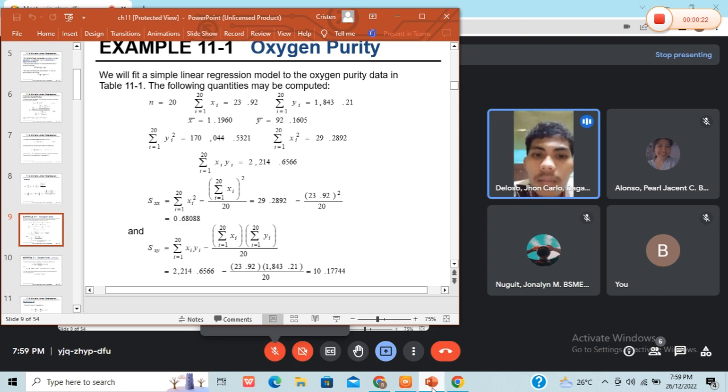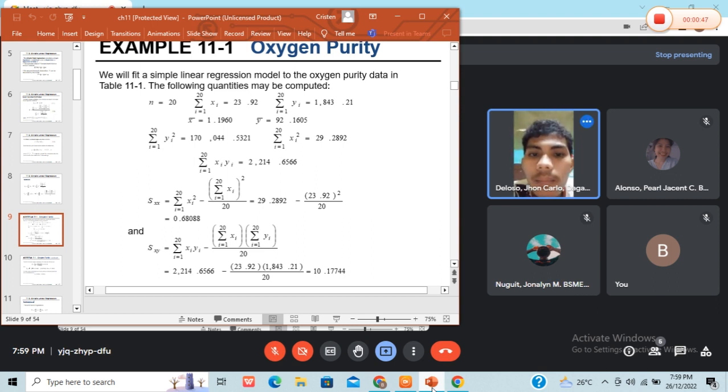So to get the value of S sub xx, which is equal to the summation of x squared minus the summation of x raised to 2 divided by n, we substitute the formula.